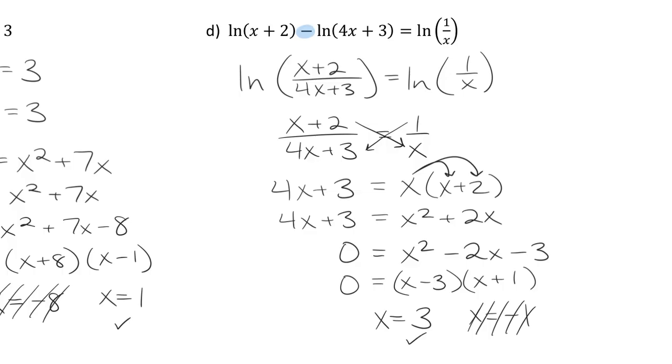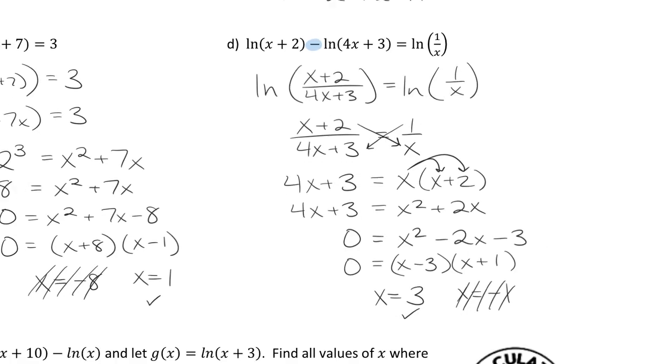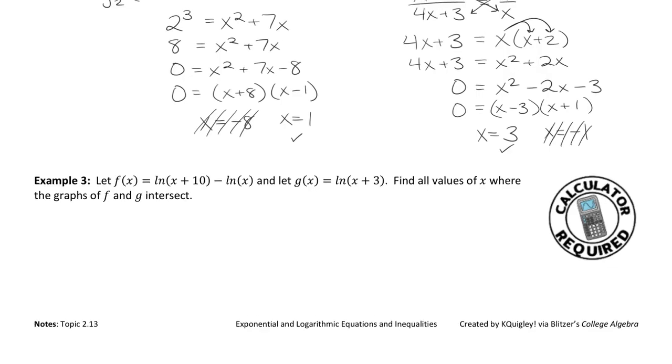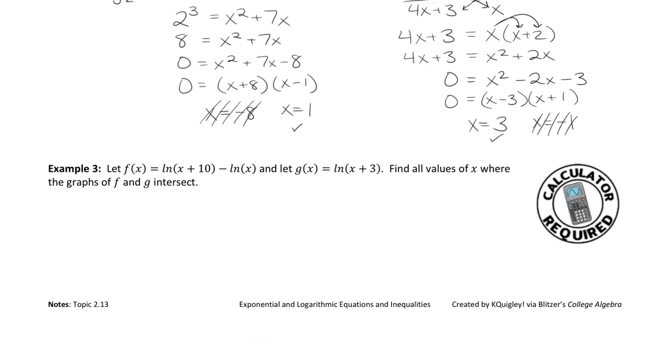Make sense? Okay, last but not least, let's see how we can help ourselves out here. There is a way to solve these sorts of problems on the calculator. For this problem in a calculator required context, we're going to let the first function be what we type into y1, and the second function, g of x, be what we type into y2, because it wants to know all of the values of x where the graphs intersect.